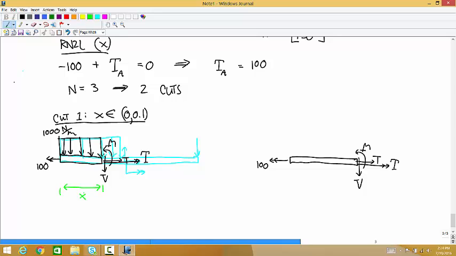So what's the magnitude of that point force? It's the area of that rectangle. 1,000x. Yep, right. So 1,000x acting down, and that's right at the midpoint. So this distance is x over 2.